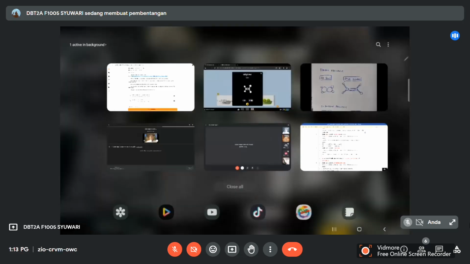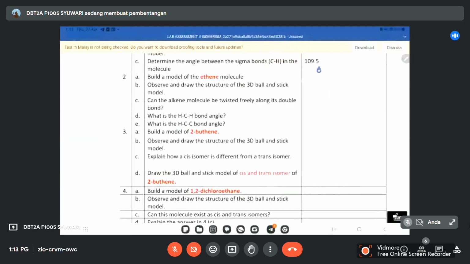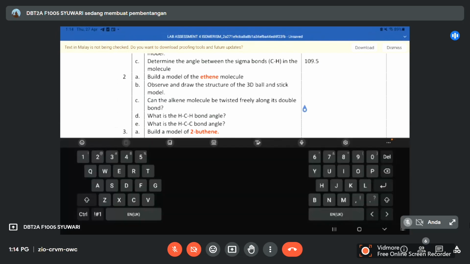Okay. So for question number 2C, can the alkene molecule twist freely along its double bond? So guys, can the alkene molecule twist freely along its double bond?